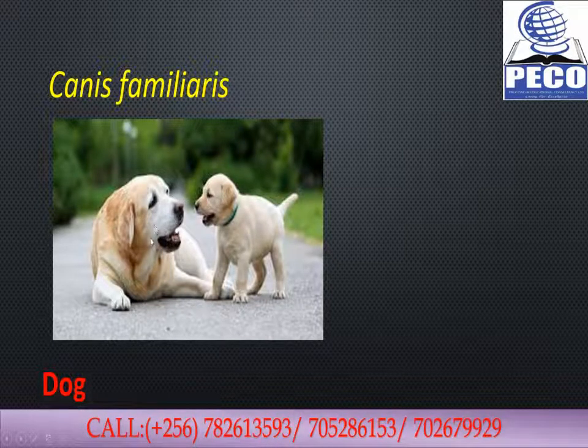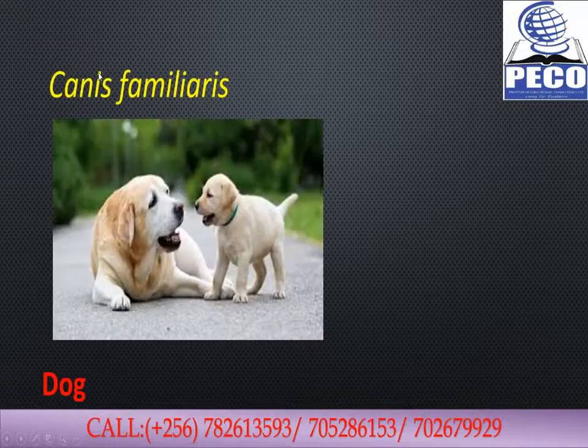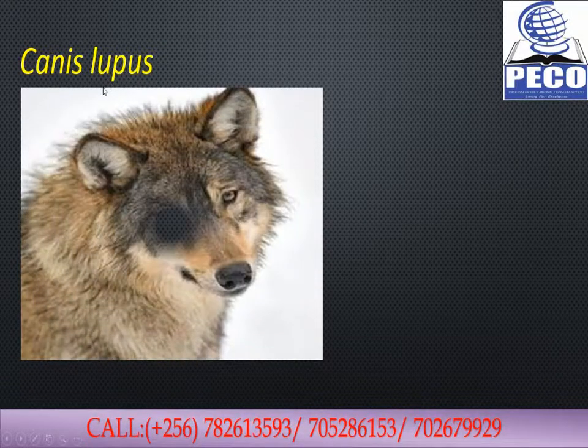Now, look at this challenge. Canis familiaris. Now, we have another one known as Canis lupus. Canis, even the other one was Canis. What does this mean? They must be relatives. This is Canis lupus. Can you guess who that is? You guessed rightly. It looks exactly like a dog, but it's not.